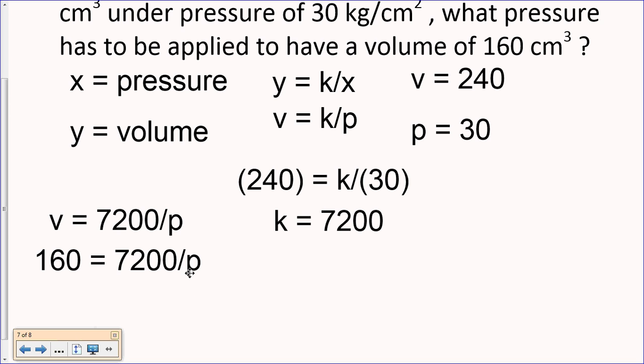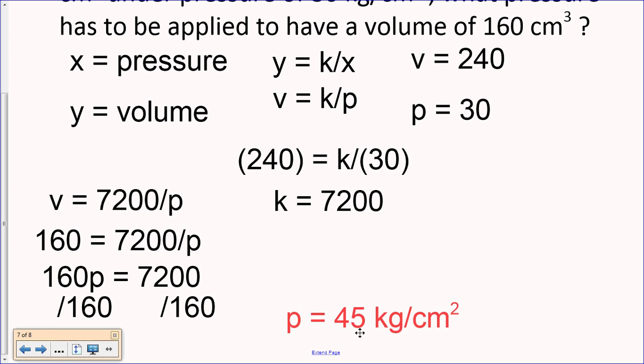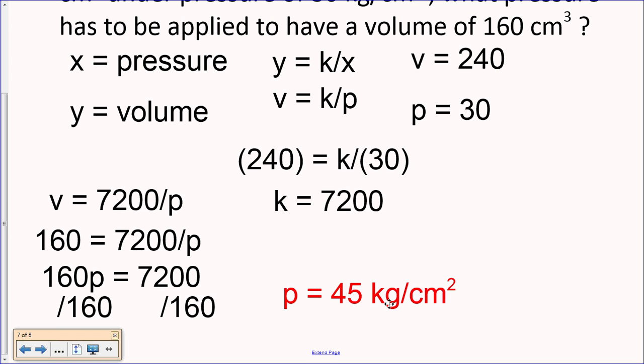In order to get P by itself, I first need to get it out of the denominator. So I'm going to multiply both sides by P. Now I have 160p equals 7,200. So now I'm going to divide both sides by 160 to get p by itself. I end up getting p equals 45 kilograms per centimeter squared.